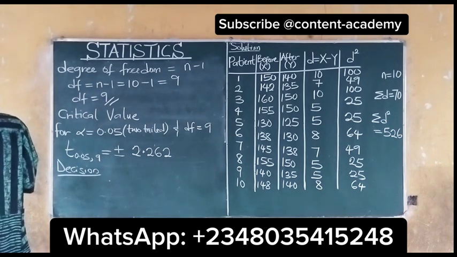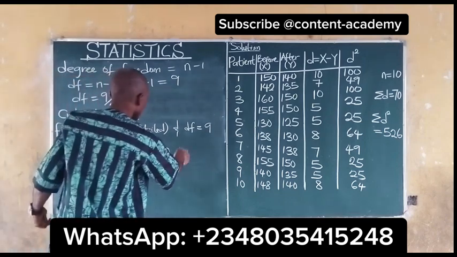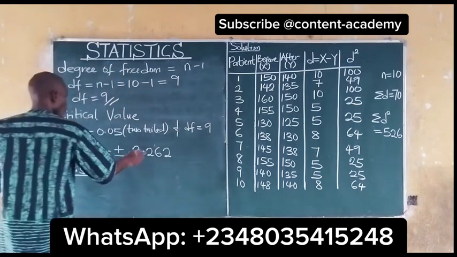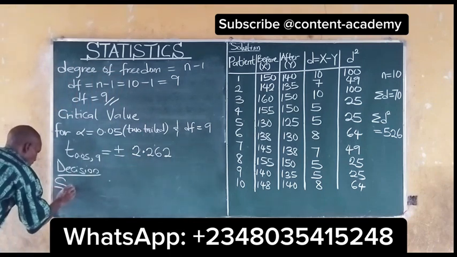Now, what becomes our decision? Of course, we know what we got for our t statistic to be 11.08. So we compare it with this.